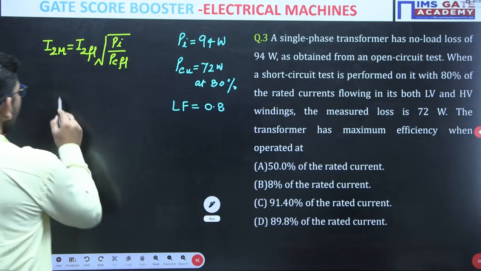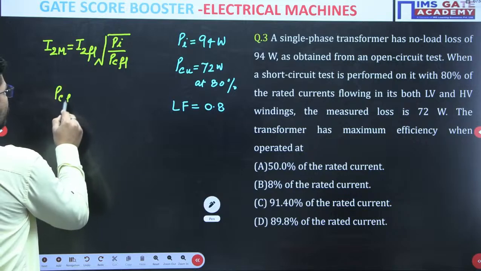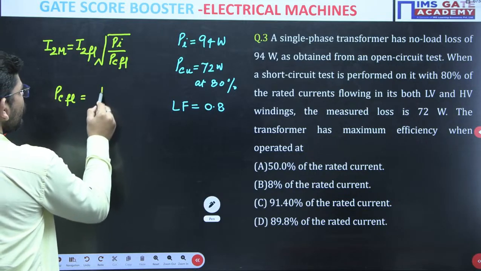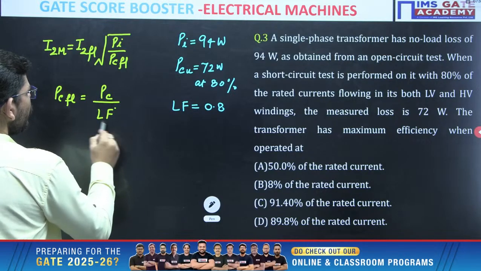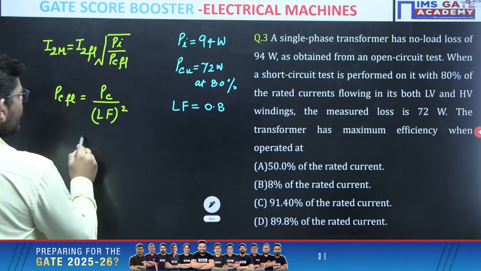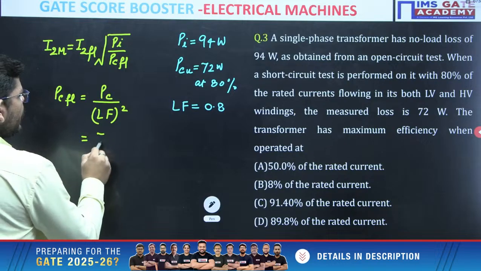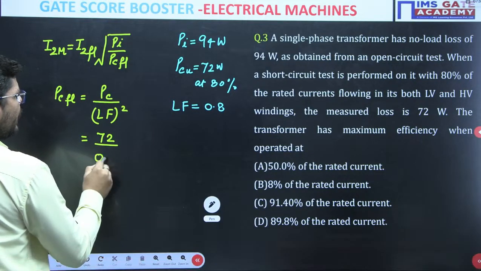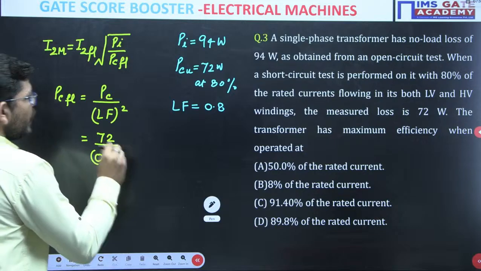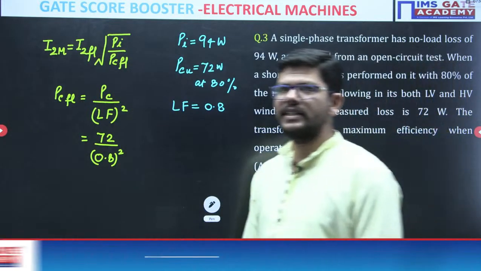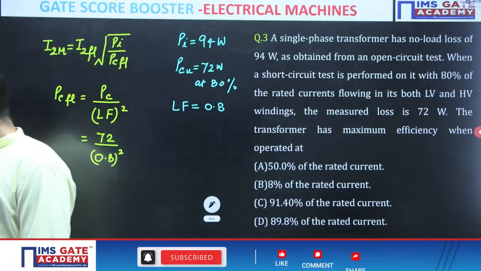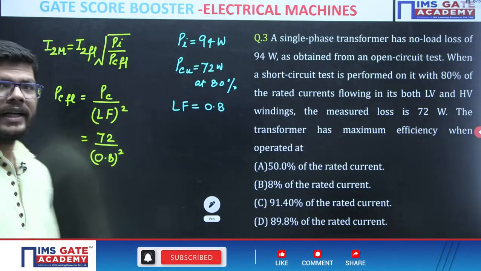Full load copper losses are the copper losses at any other load divided by the load factor squared. We have been given that PC is 72 and the load factor is 0.8 squared. Everybody is getting answer C, very good. So we will get 112.5.